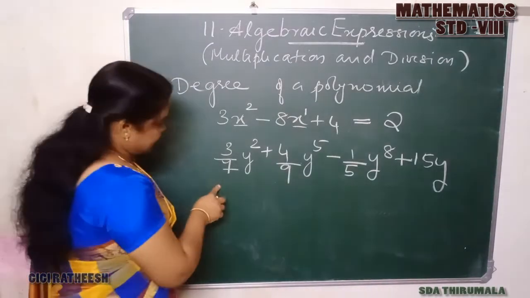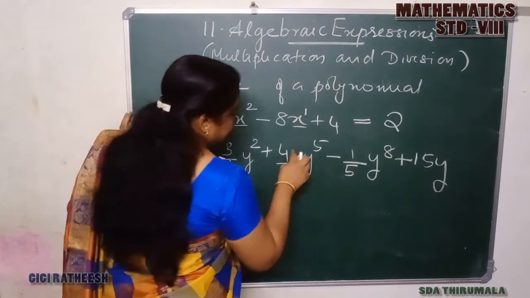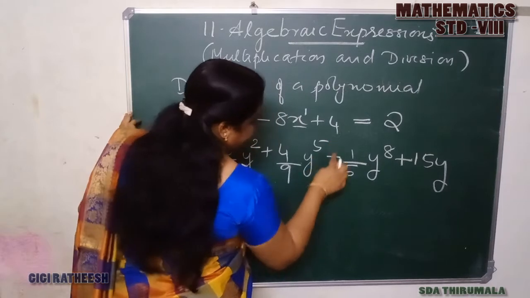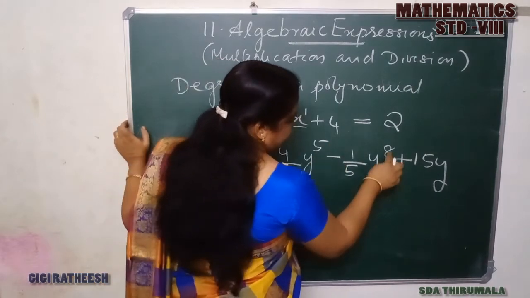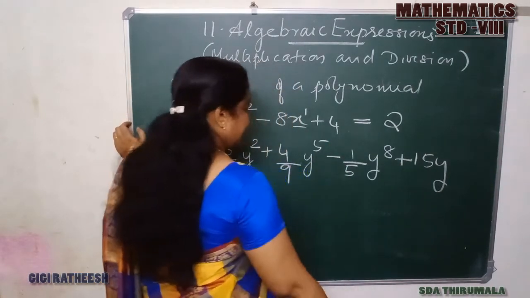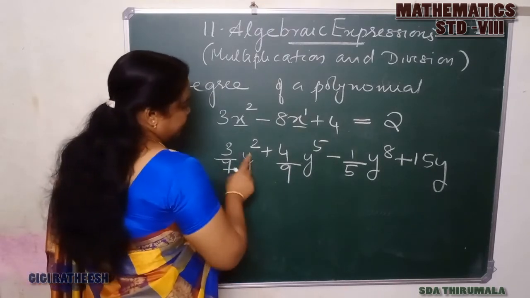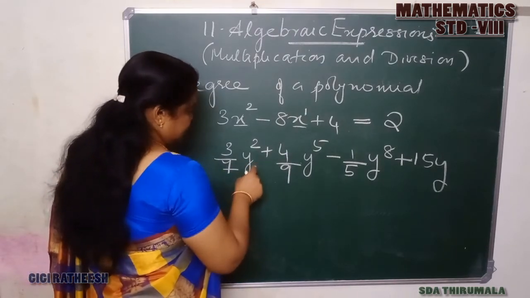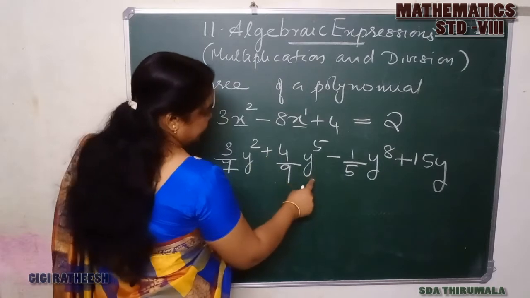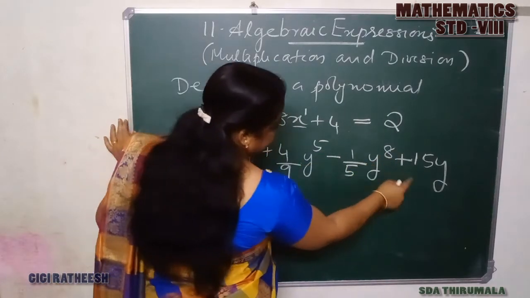Let's see another example: 3 by 7 y square plus 4 by 9 y raised to 5 minus 1 by 5 y raised to 8 plus 15y. Here the single variable is y, and the power of y is 2 in the first term, 5 in the second, 8 in the third and 1 in the last term.